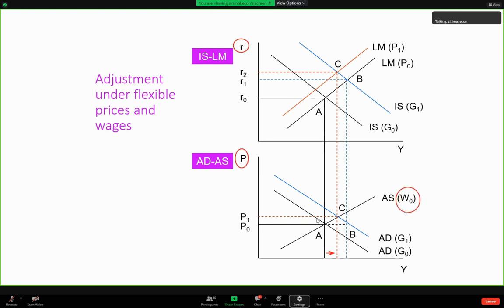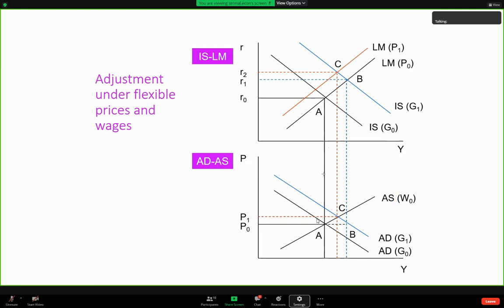Wage is also a monetary variable because it's nominal. These things will change, but not the output level. No output level change. Pure classical idea.